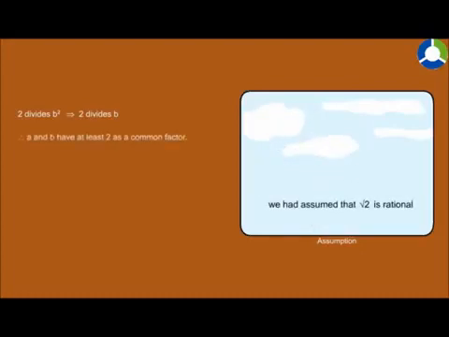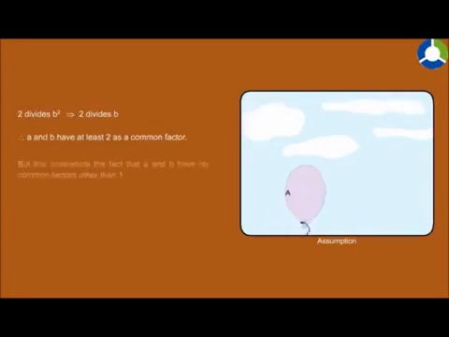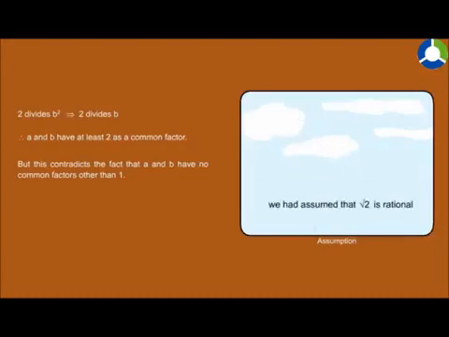Therefore, a and b have at least 2 as a common factor. But this contradicts the fact that a and b have no common factors other than 1, implies our assumption is wrong. Therefore, √2 is irrational.